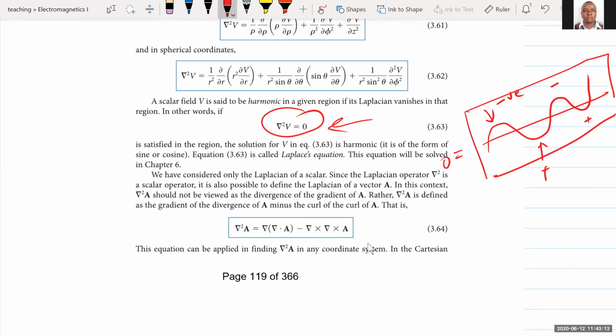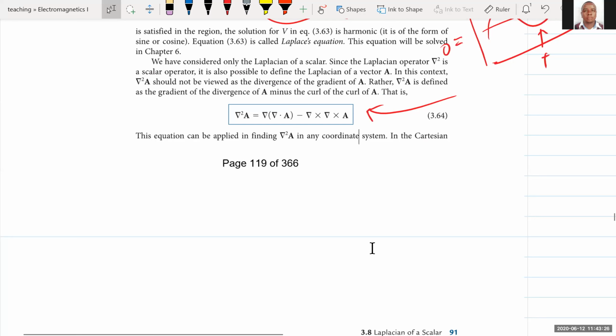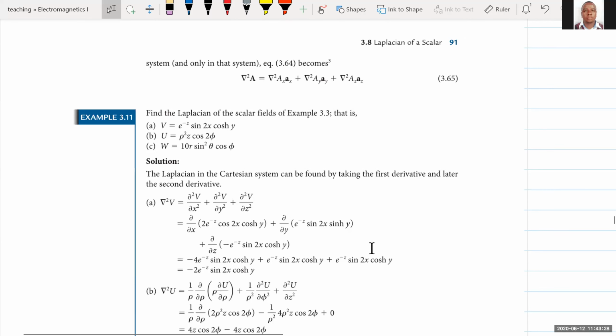Then there are some other properties that might be worth remembering, like equation 364. And for me, I've actually not even remembered them. I think that should be sufficient mention for the Laplacian.